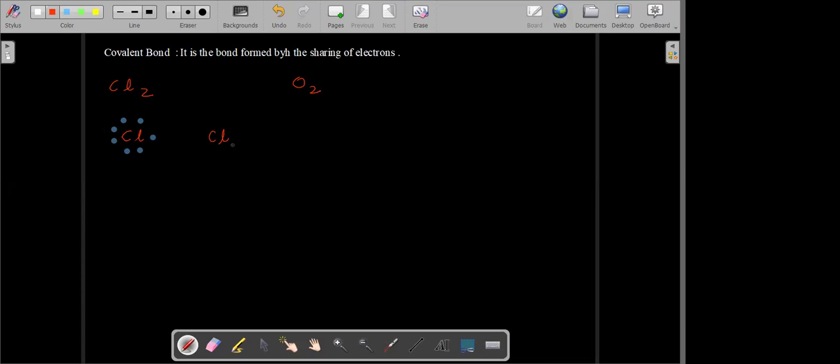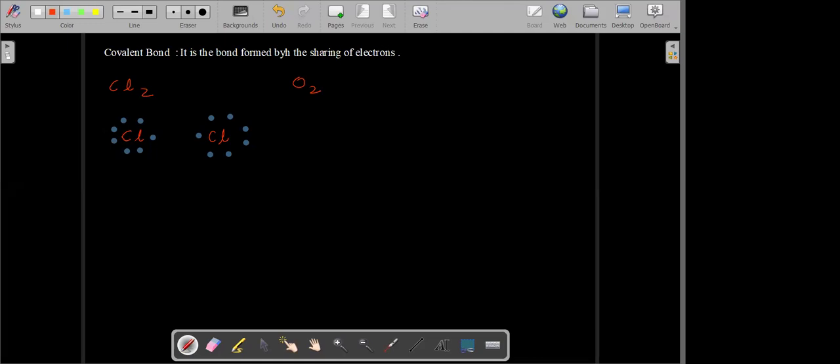Similarly here I have taken another chlorine atom, and again I write the electrons. So do you think either of the chlorine is in a position to donate its electron and form the bond, or will gain stability by donating an electron?